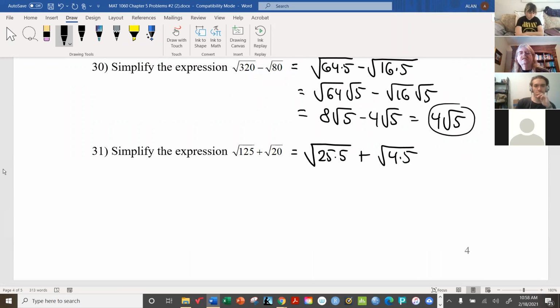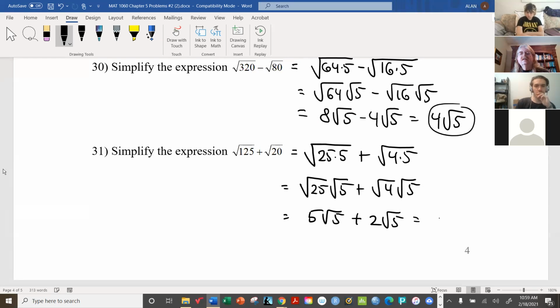Okay. Five radical 5 plus 2 radical 5. They add up to 7 radical 5. And of course, we can't go any further because the 5 is prime.